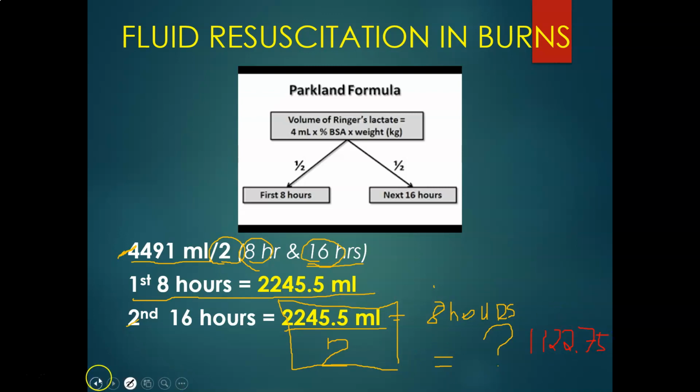And then this number is what you're going to give to your client for the second 8 hours. Remember, 8 hours and then 8 hours. So for the next 8 hours, this is what you're going to infuse to your patient.